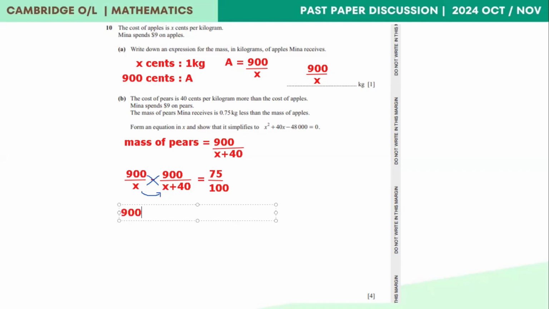It becomes 900 times x plus 40 minus 900x, over x times x plus 40, and that would be equal to the same 75 over 100.